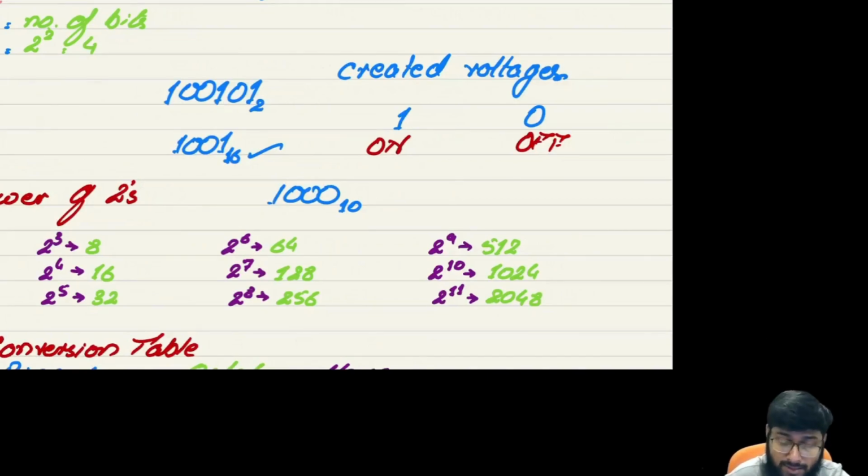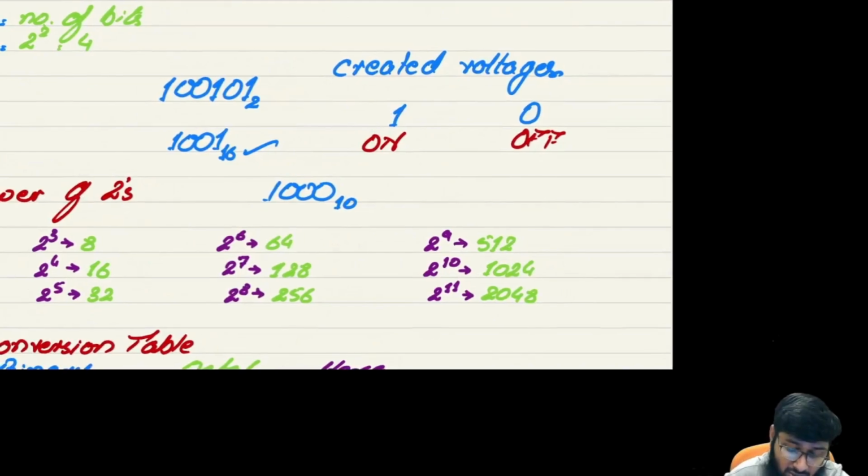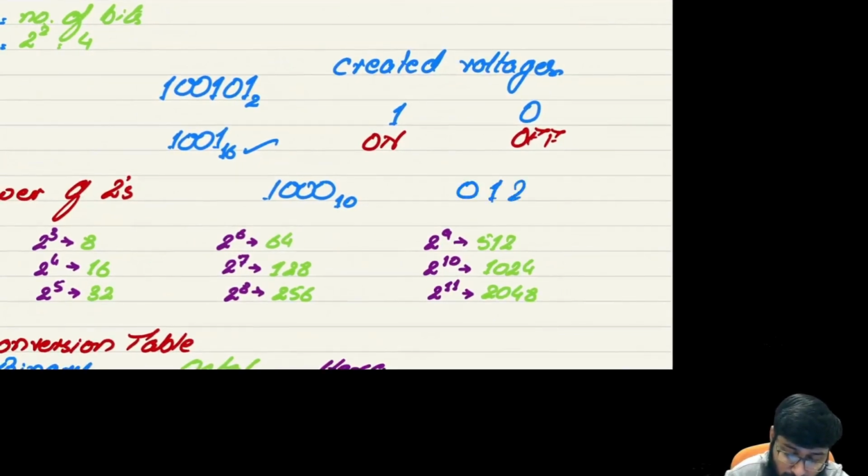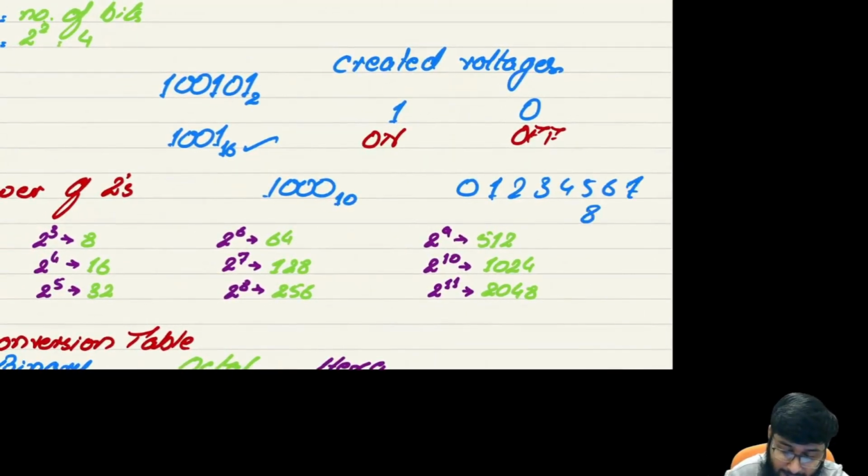Any number that is created in mathematics, however big you are going to create it, no issues with that, will actually be a combination of these 10 digits, starting from 0 till 9: 0, 1, 2, 3, 4, 5, 6, 7, 8 and 9. Nothing apart from that.